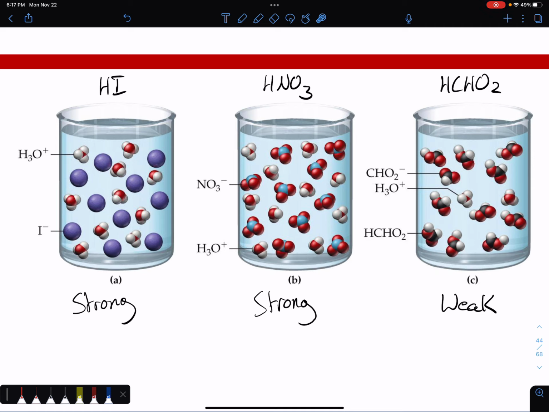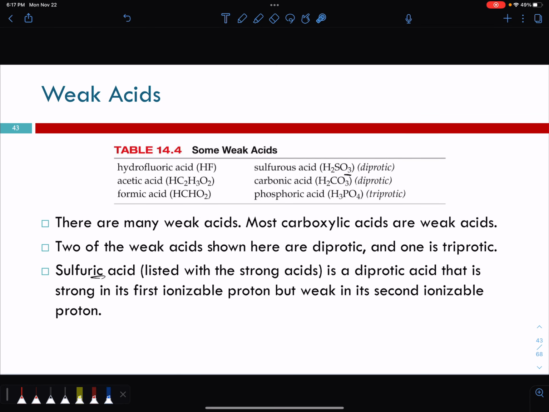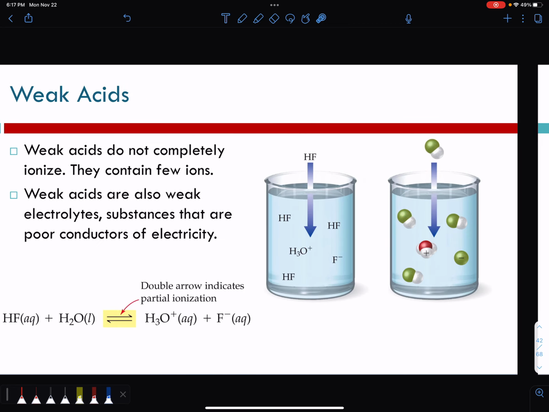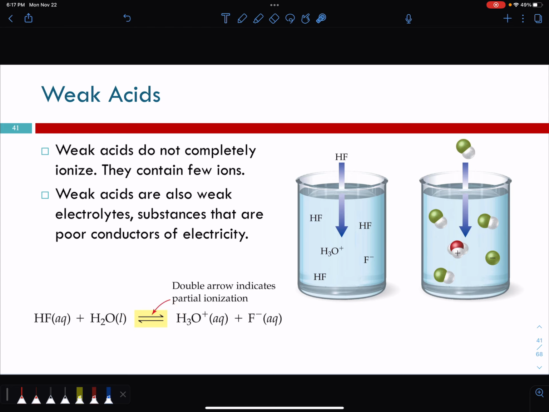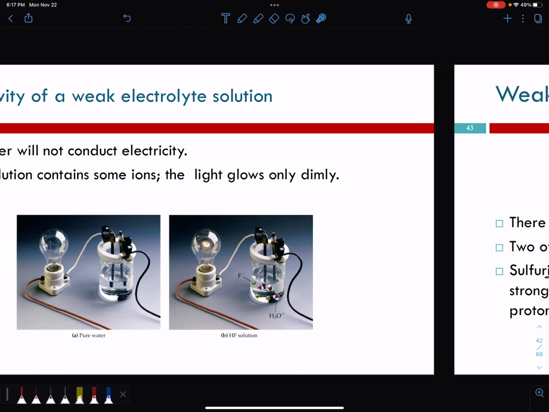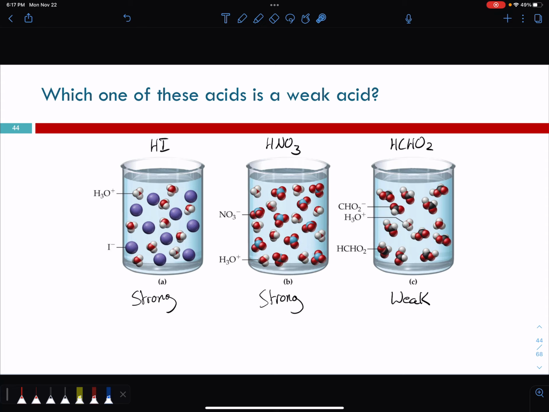There's not really a partial ionization, unless you mean multiple ionizable protons. No, the little thing that you said. Oh, the arrow? Yeah, this arrow. Partial ionization, yeah, because some of them ionize. That's what it means by partially ionizable. So that would be that one, right? Yes. Okay. Sorry. Yeah, it depends on how you're using it.